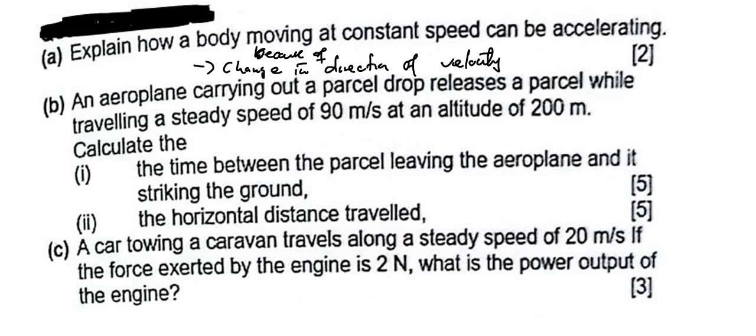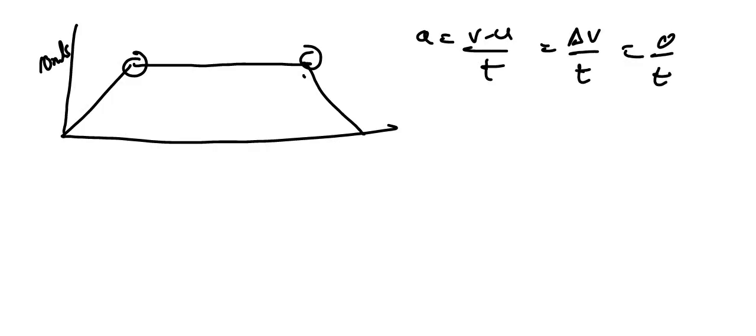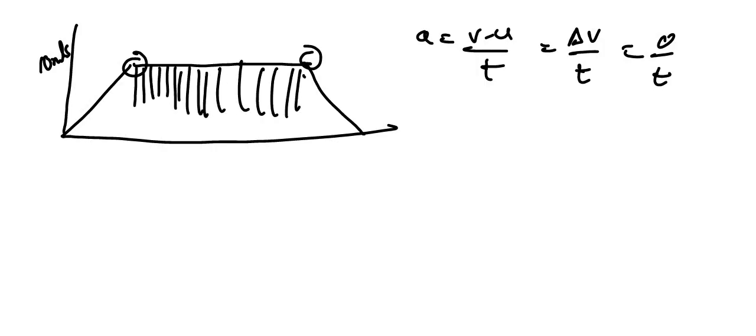It will not apply if something is moving in a linear path, because remember those velocity-time graphs you do. If something is moving at a constant velocity, from here to here, that's constant velocity, right? There is no change in velocity, because we know acceleration is the change in velocity over time. So the change in velocity is simply going to be 10 minus 10, which is 0. At this particular point there is no change in velocity, hence acceleration is going to be 0, but there's distance being covered.